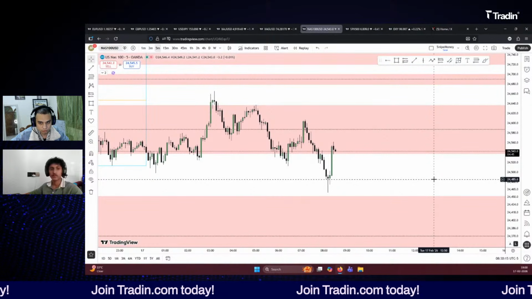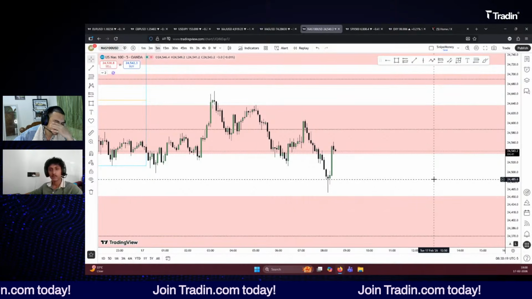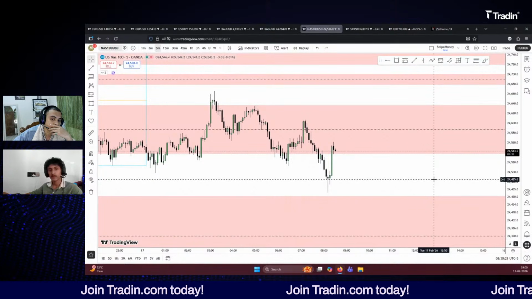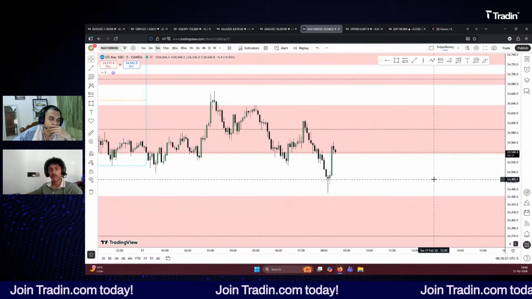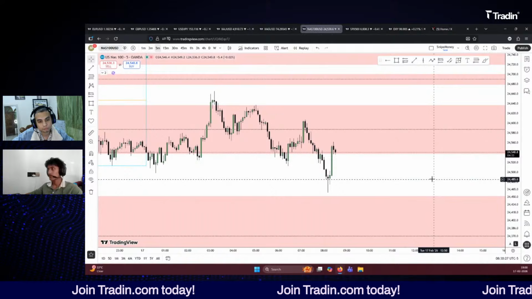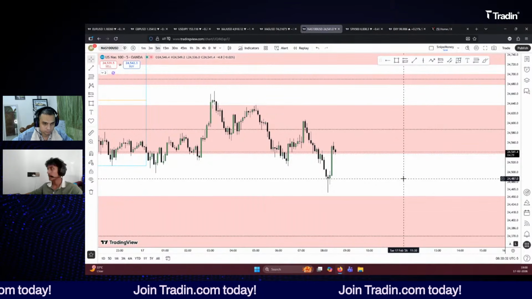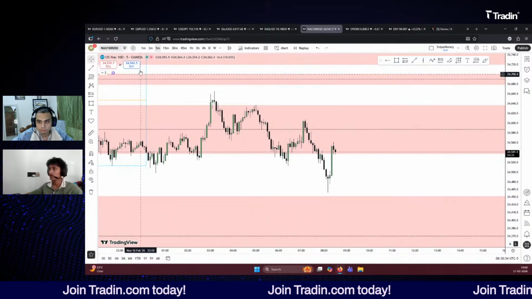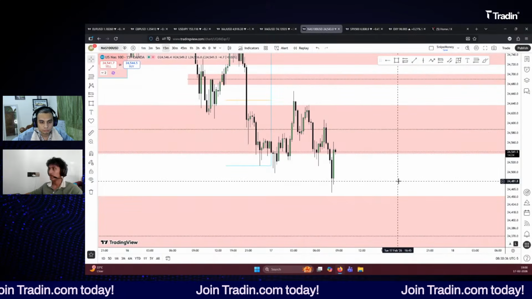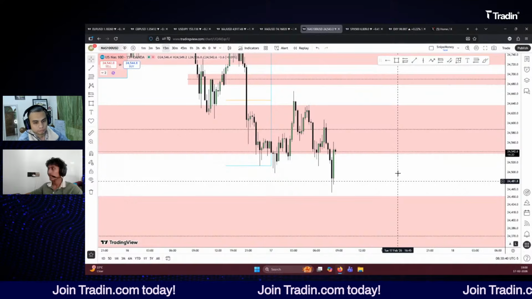Not actually. Whenever I'm scalping as well, I will always go with the direction of my bias. Even with the scalp, yes, it has to align with your bias. Yeah, correct. Because I don't want to trade counter-trend.